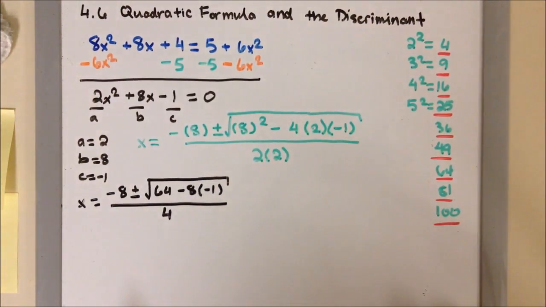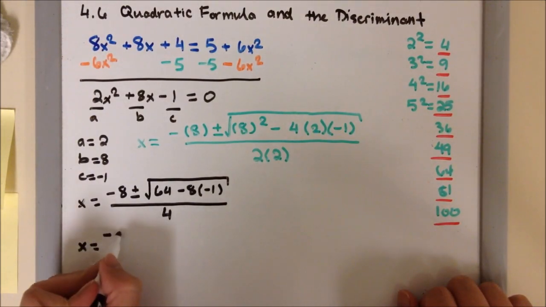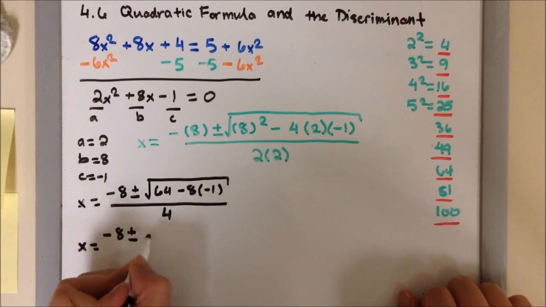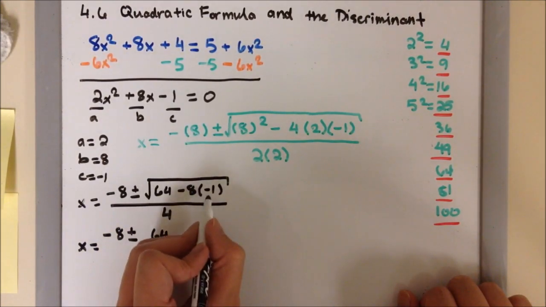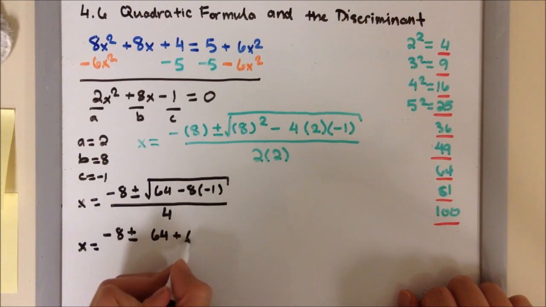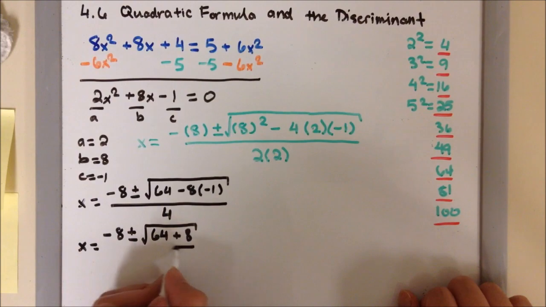Alright, from there, x equal, it's still going to be negative 8, plus and minus 64, negative 8 times negative 1, that's actually going to be plus 8, over 4.